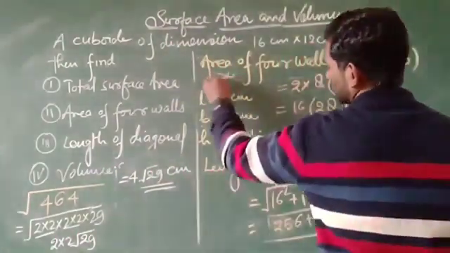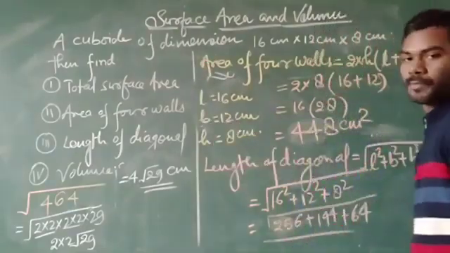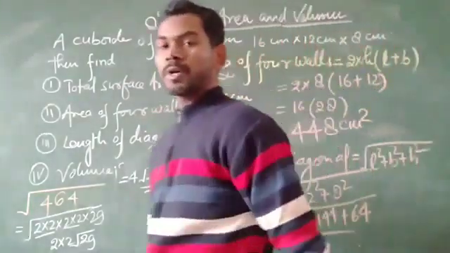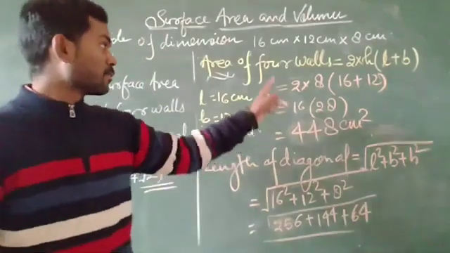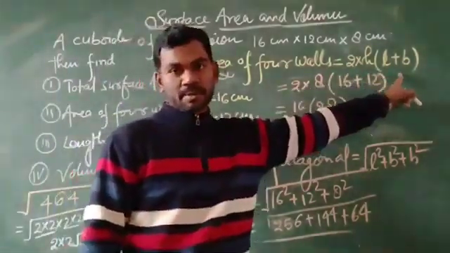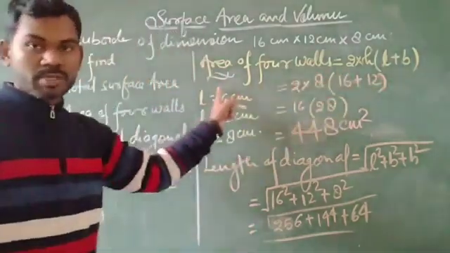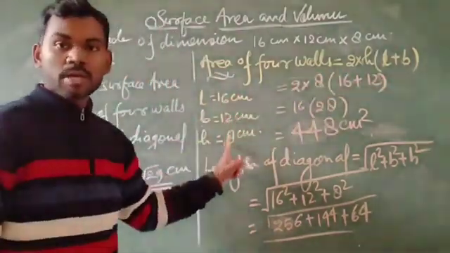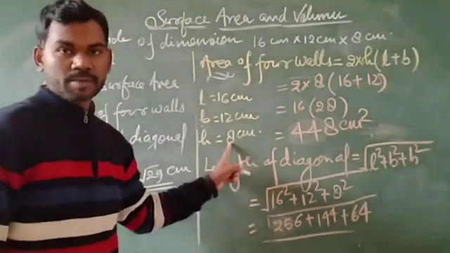First of all, we see the area of four walls. The area of four walls of a cuboid is given by 2 times the height and the sum of length and breadth. Now substitute the values. The length is 16, breadth is 12 and height is 8 cm.